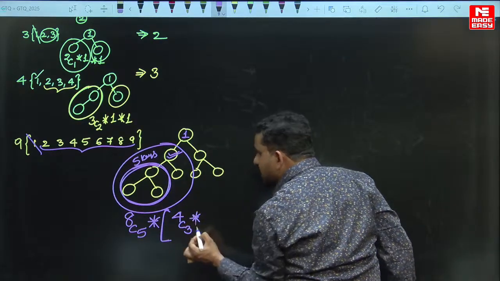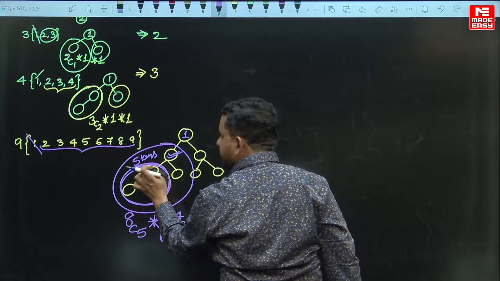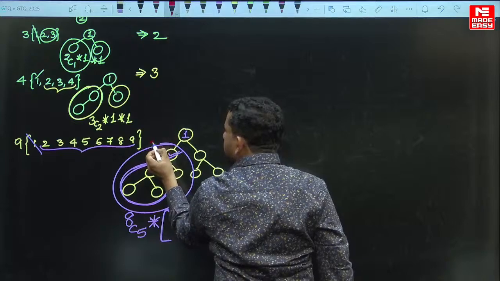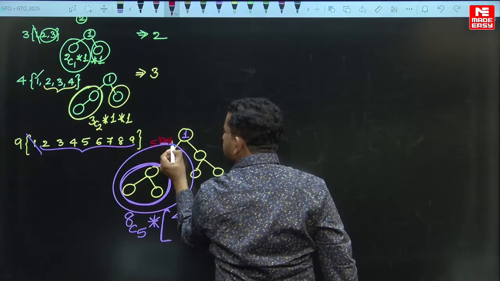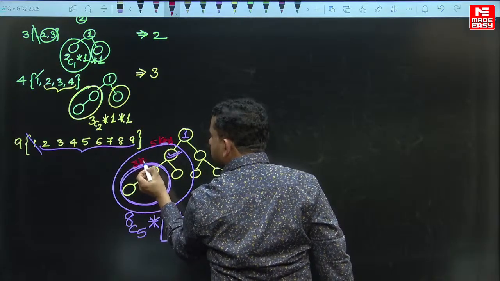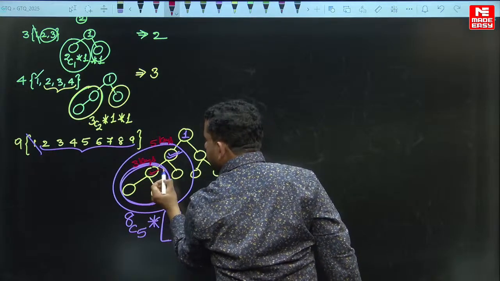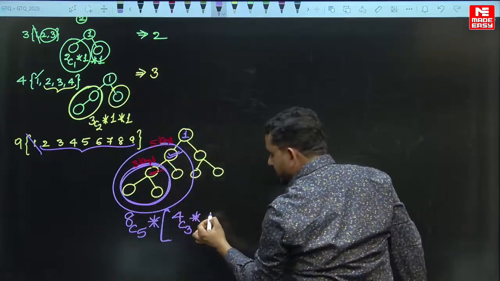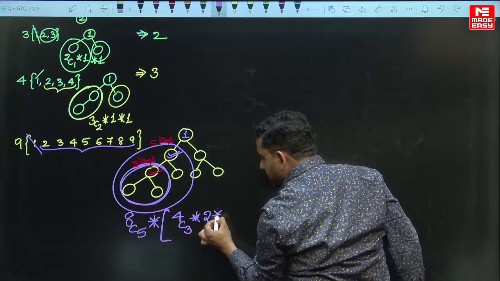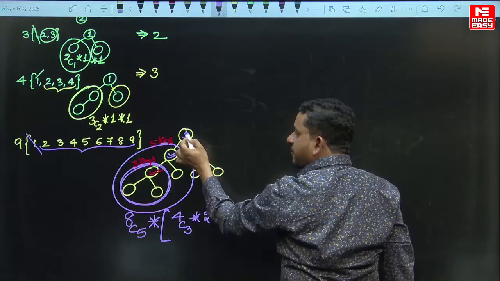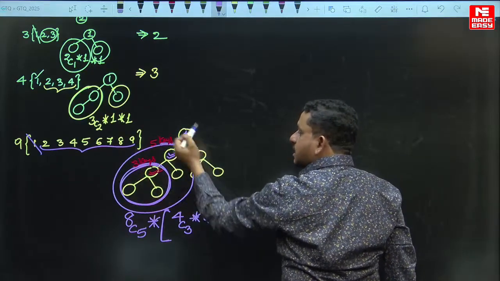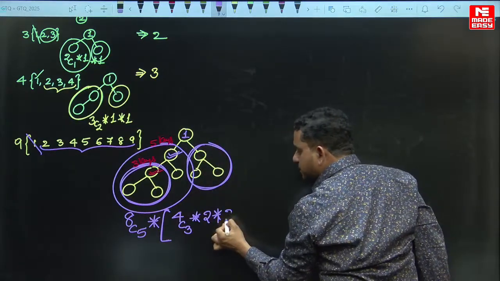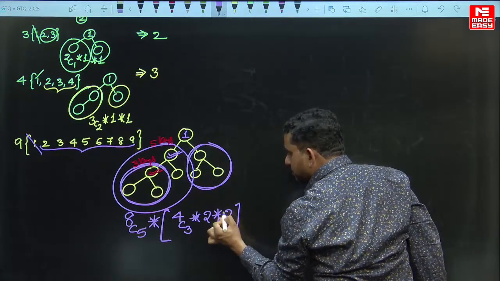Among those 3 selected keys, one key becomes the root, and for 3 keys we know there are two binary heaps. After 5 keys plus 1 key, 6 keys are over, only 3 keys are left, and for 3 keys two binary heaps are possible.